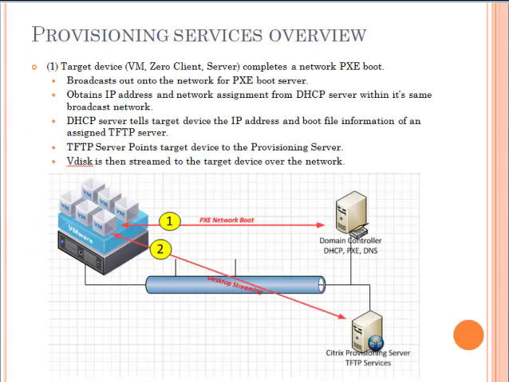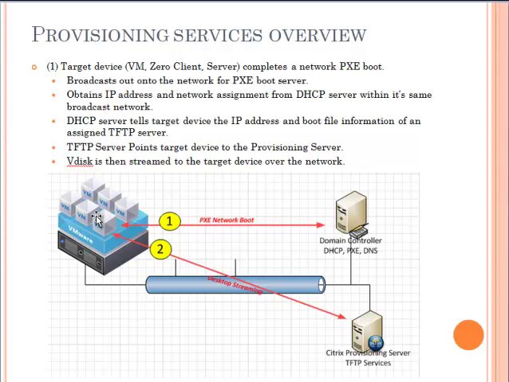So let's really dive into things here. From a high-level overview, I just want to go over the provisioning process, what occurs. If you follow my mouse, on the left-hand side depicted in this diagram are some virtual machines.